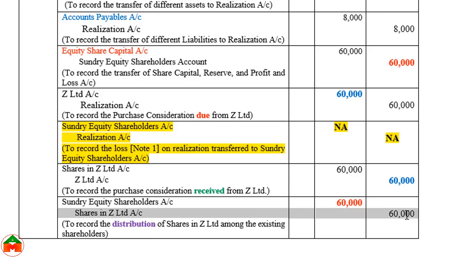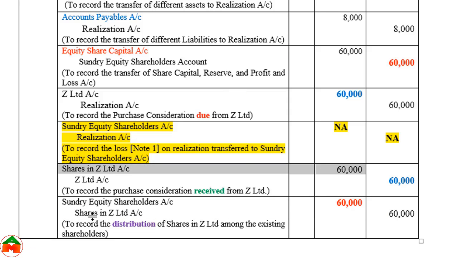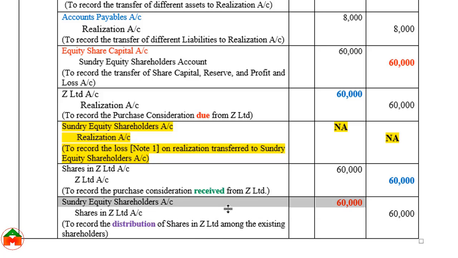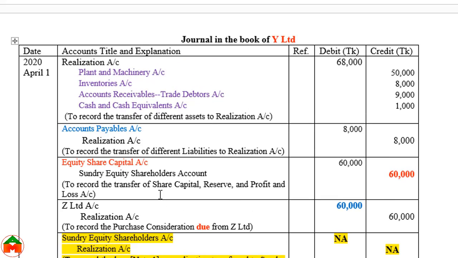And the next journal, this item will be shown in the credit side to record the distribution of shares in Jet Limited, and debit will be Sundry equity shareholders account. These are the journal entries in the book of Y Limited.